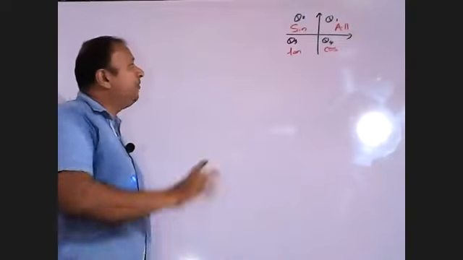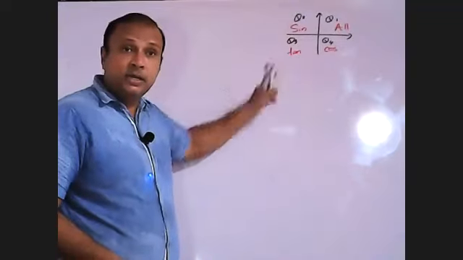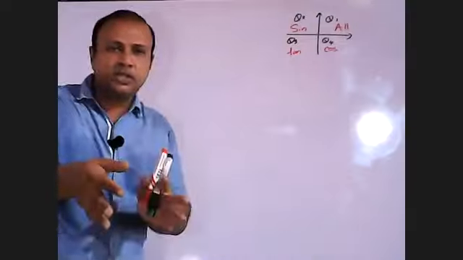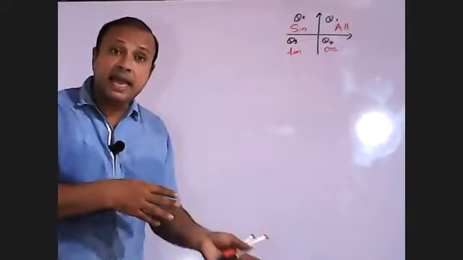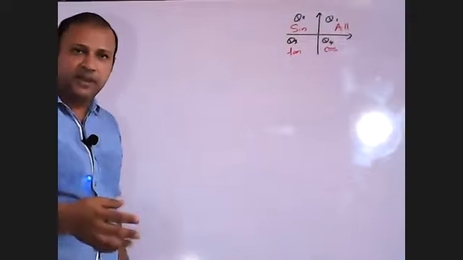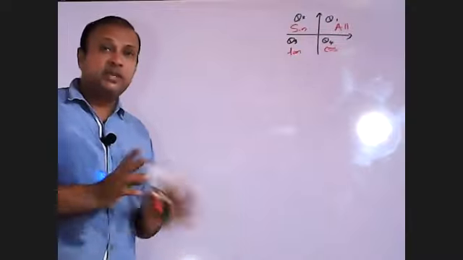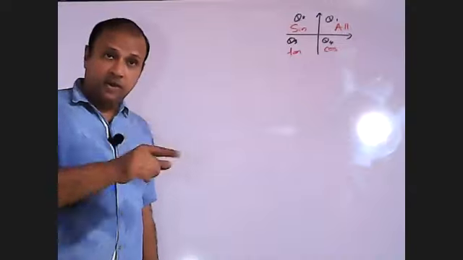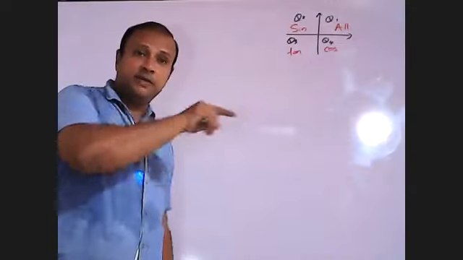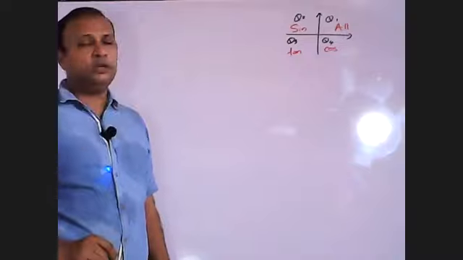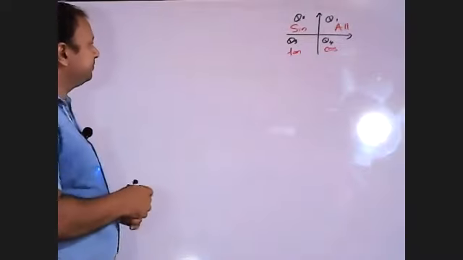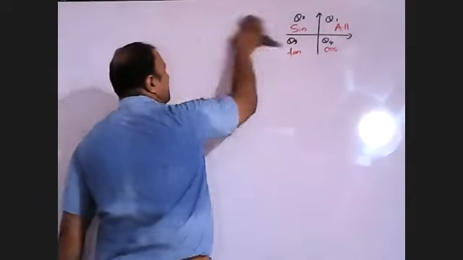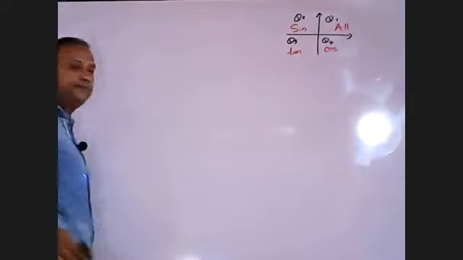If it belongs to the third quadrant, only the tan value will be positive, while the others are negative. Once you determine the quadrant, then you can determine the sign. That is the first thing.